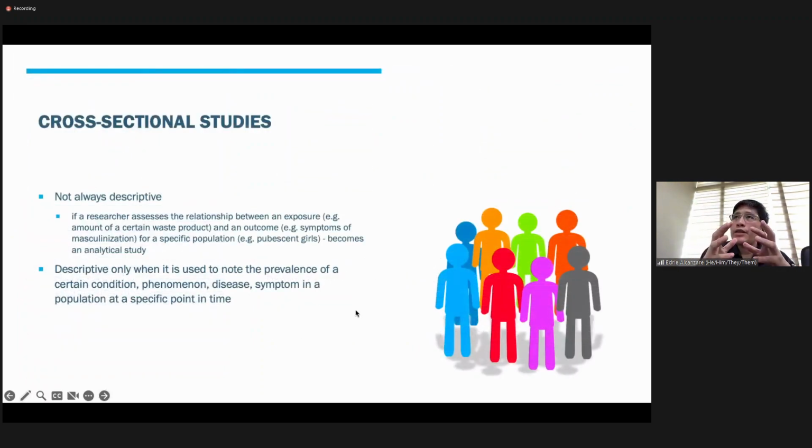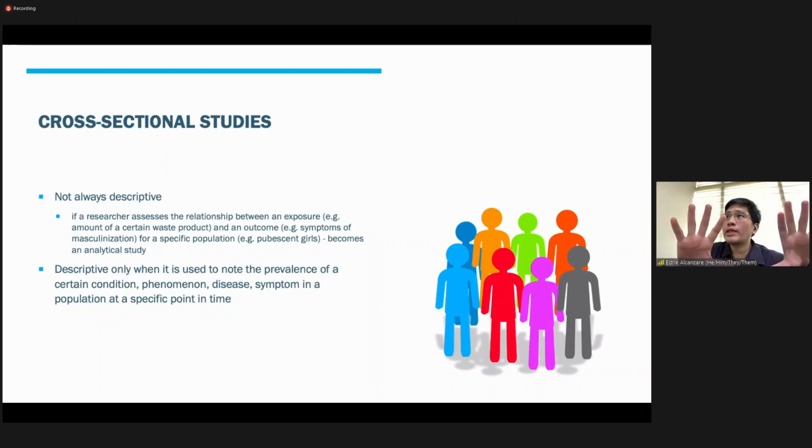Our next kind of descriptive studies are your cross-sectional studies. Cross-sectional studies are not always descriptive, and they're not descriptive when they try to assess the relationship between an exposure and an outcome. So again, whenever we say descriptive study, we are not establishing a relationship between the set of variables, okay?